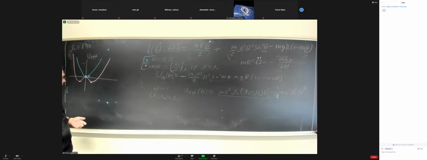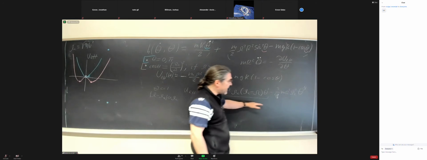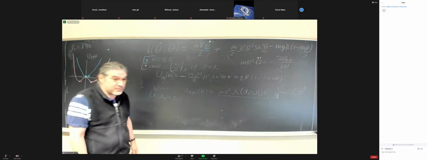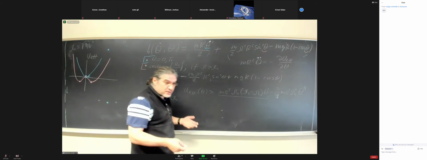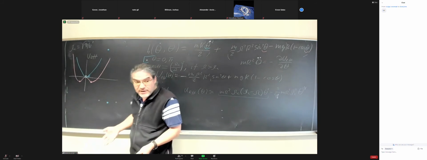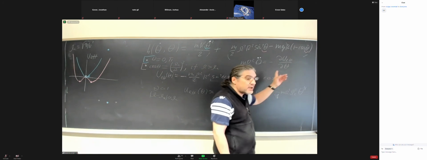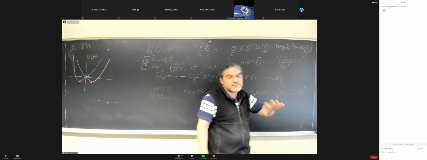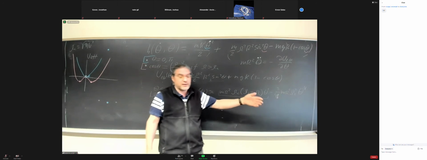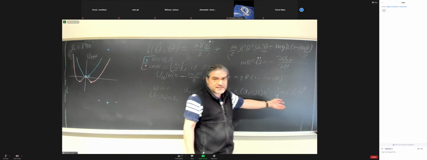So next thing, and this is how it always happens. This is a very, very universal form. There is pretty much nothing else you can write, because for small theta, close to equilibrium, any potential energy must have some form like that. It must have a square term, a fourth-order term, and so forth. If you have the symmetry theta to minus theta, you only have even powers at your disposal. So it will always have something like that.